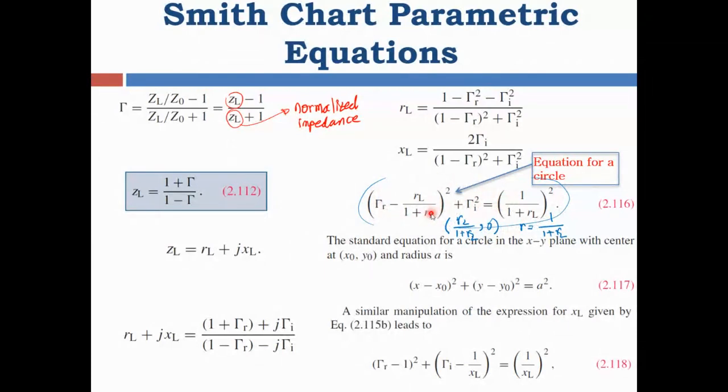Okay, so if you take this and say, we start like this, what about if gamma is equal to 0.1? Then you put real part equal to 0.1, imaginary part equal to 0, because it's just 0.1, and then you can go ahead and draw the circle for a gamma whose real part is 1 and imaginary part is equal to 0.